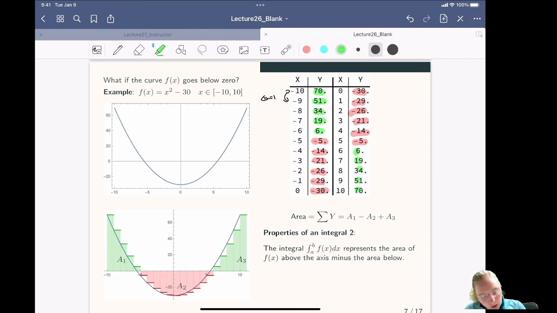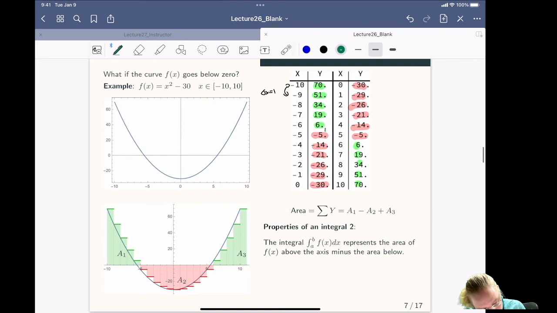All right, so if I take the sum of all of these things here, I end up getting 180. So the sum of all those green things is 180. Similarly, the sum of all these green things is 180. The sum of all of these red things is minus 125. The sum of all these red things is minus 125.